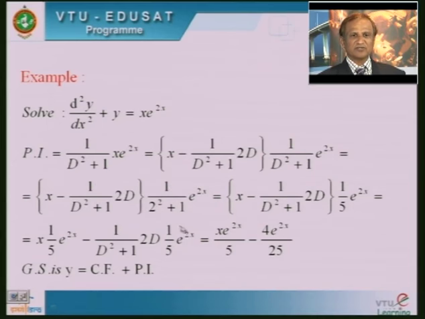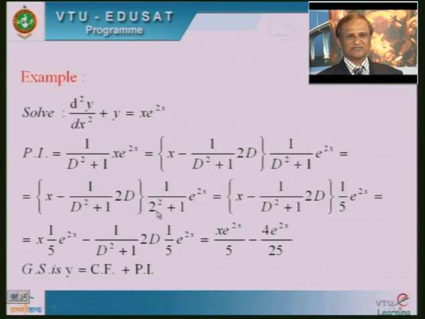According to the method, I have to replace D by a, where a is the coefficient of x. That is why I have replaced D by 2: 2 square plus 1, e to the power 2x. That is equal to x as it is, 1 upon d square plus 1 into 2D as it is. Is it clear?